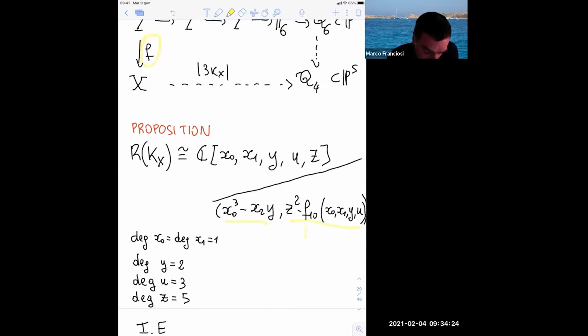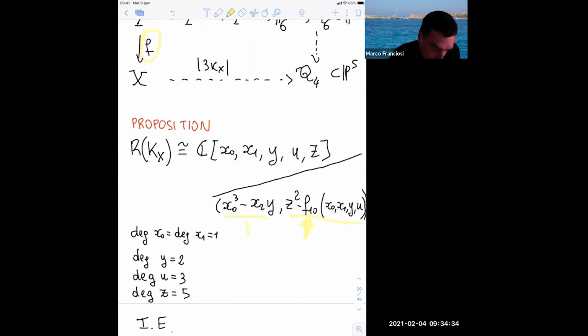One equation, this one, is almost the same as the equation we see for smooth surfaces, and the other one is a new equation. We have degree of x0, x1 equal 1, degree of y equal 2, degree of u equal 3, and degree of z equal 5.